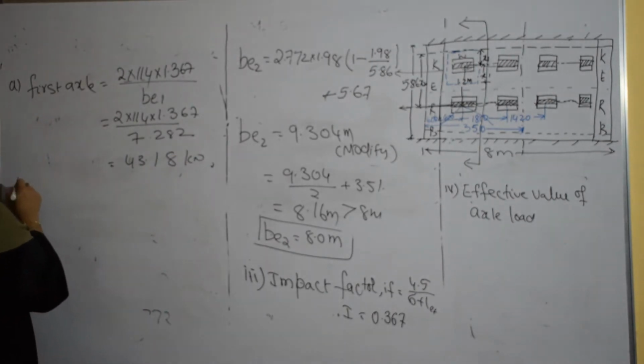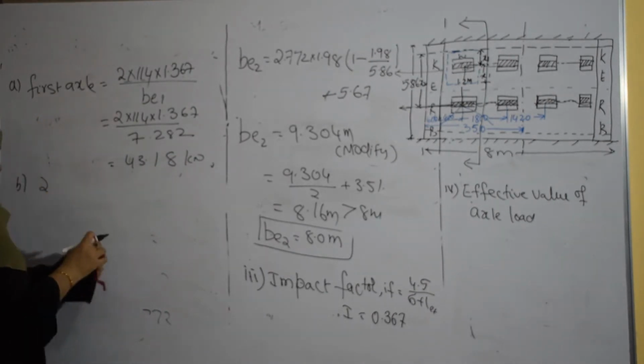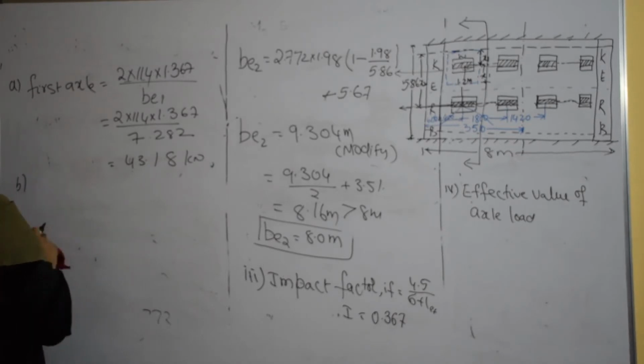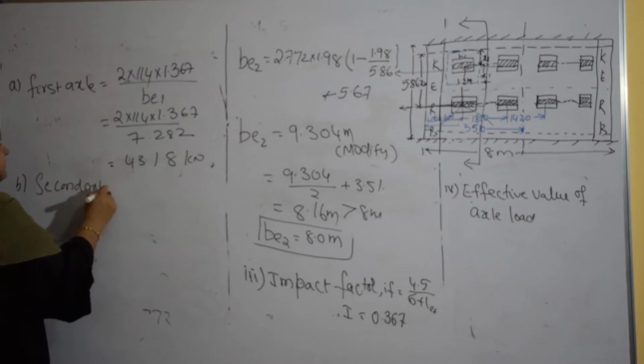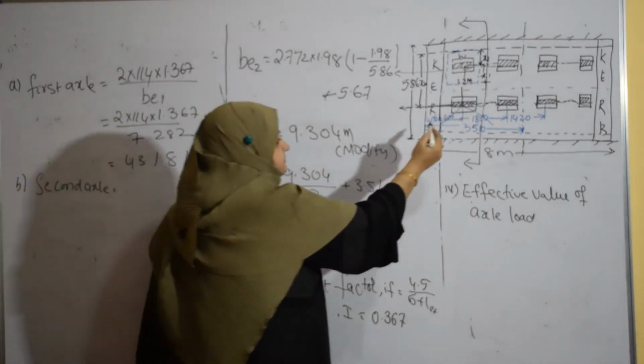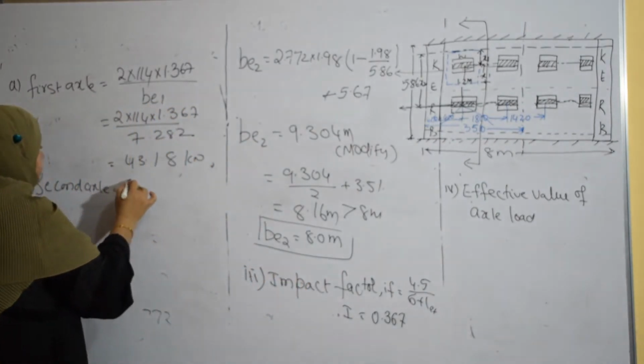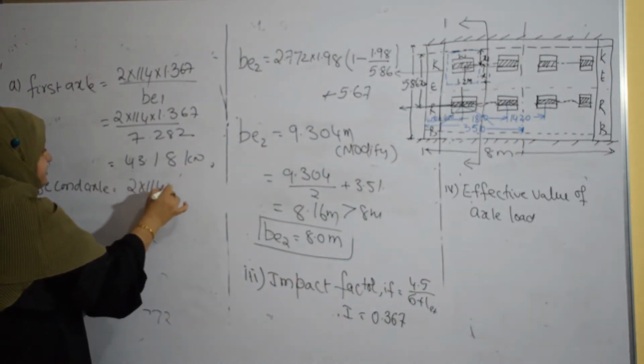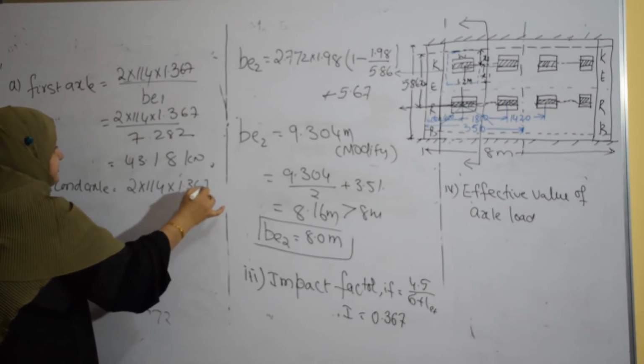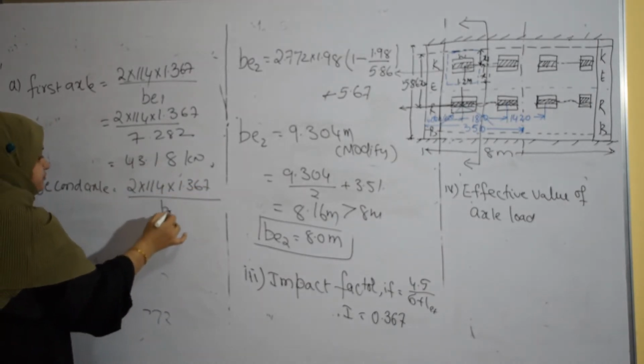The same way, the second axial, which is this one, is equal to 2 into 114 into the impact factor consideration divided by BE2.